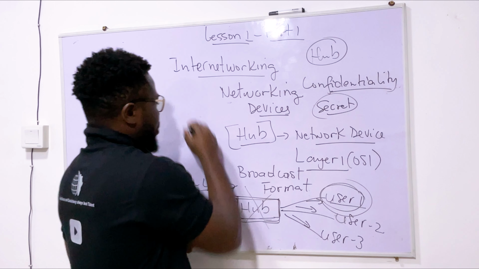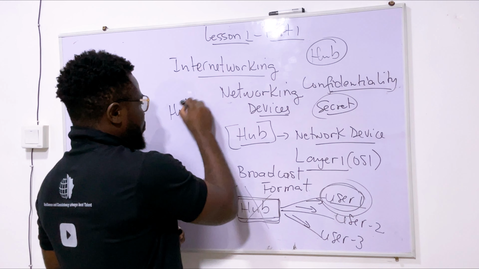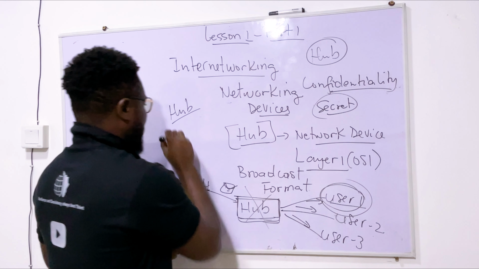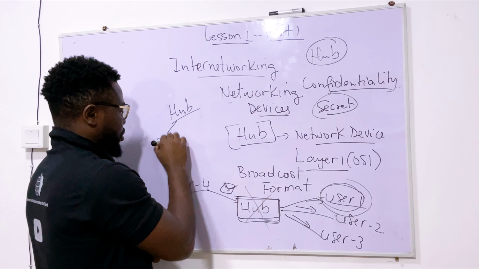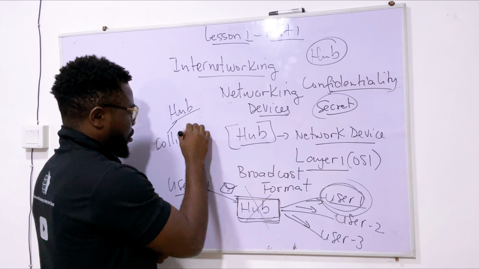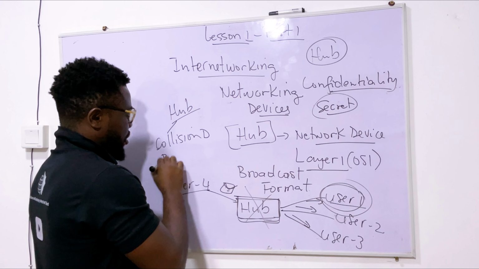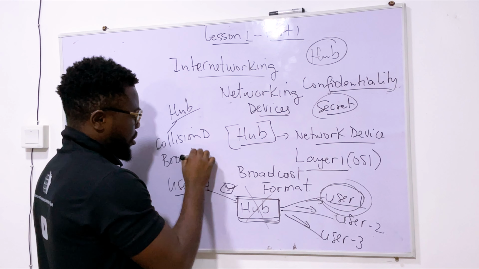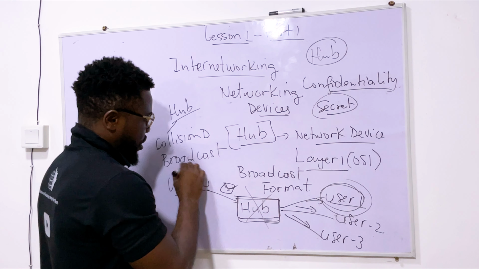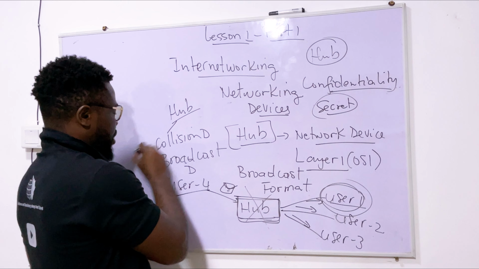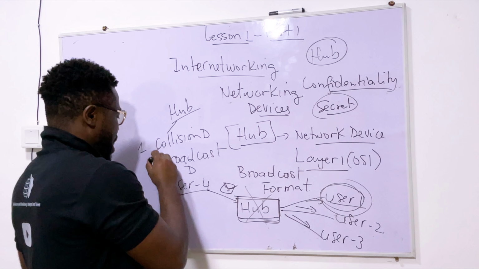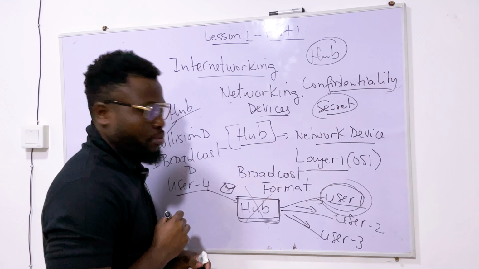Also, a hub has what we call a collision domain and a broadcast domain. With the hub, we have one collision domain and one broadcast domain.